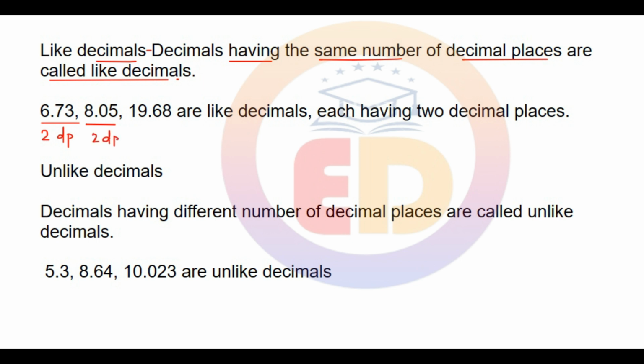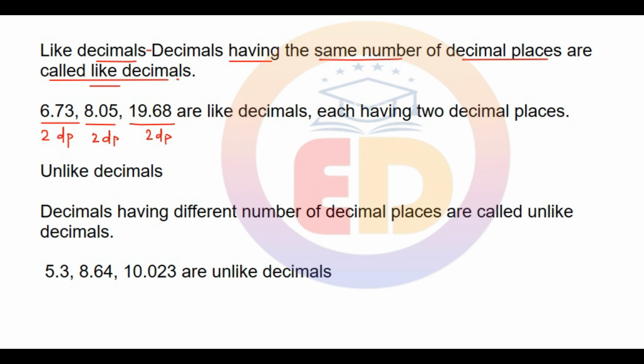The next decimal number 19.68 also has 2 decimal places. So the decimal numbers having the same decimal places are called like decimals. To summarize, like decimals have the same decimal places. If one number has 2 decimal places, then the other numbers will also have 2. So they will be called like decimals.